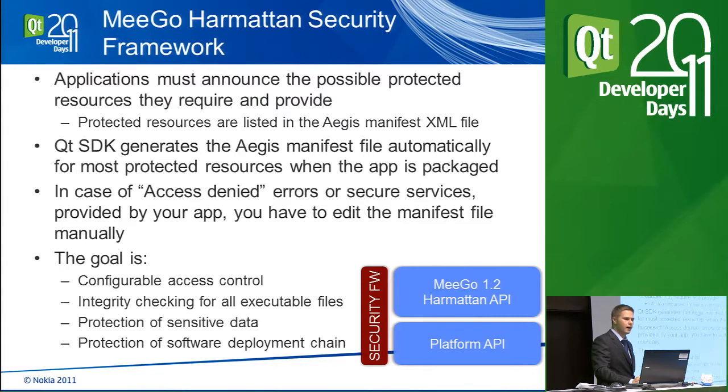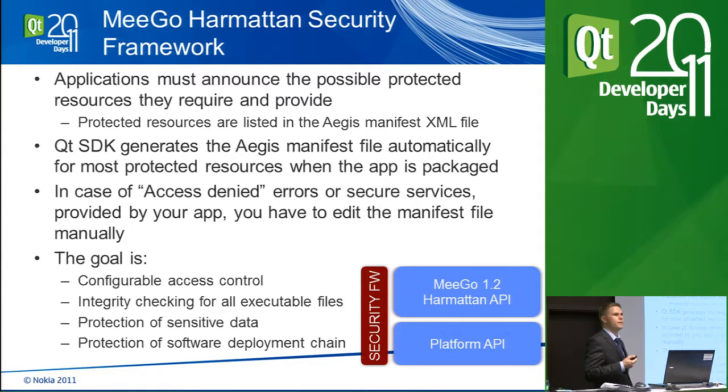How about Harmattan or MeeGo? On N9, some resources are also privileged. So you need to have access to a number of resources. And in that case, you have to define a manifest file. However, in general, the SDK takes care of this automatically.